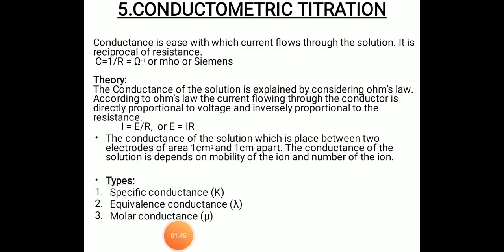The resistance of any conductor is directly proportional to the length and inversely proportional to the area of cross section of the conductor. Therefore we can also write R equal to rho into l by A.